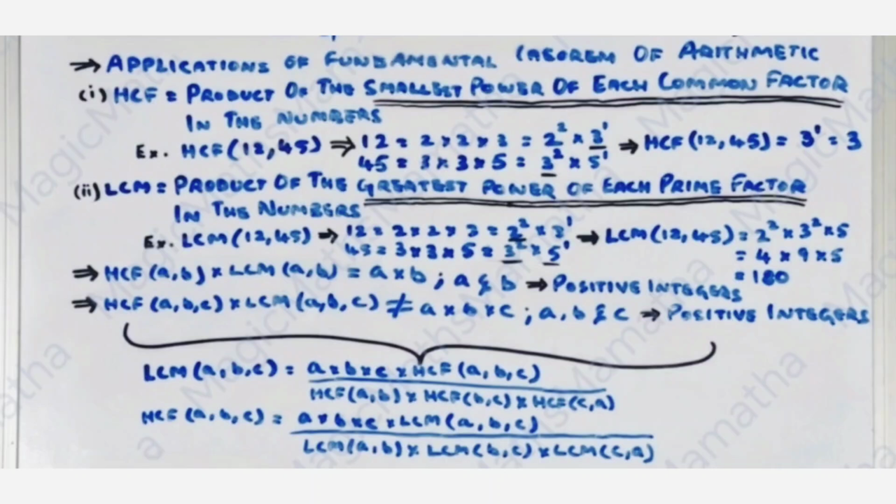Similarly, the HCF of a comma b comma c is equal to a times b times c times the LCM of a comma b comma c divided by the LCM of a comma b times the LCM of b comma c times the LCM of c comma a, where a, b and c are three different prime numbers. The next topic is real numbers.